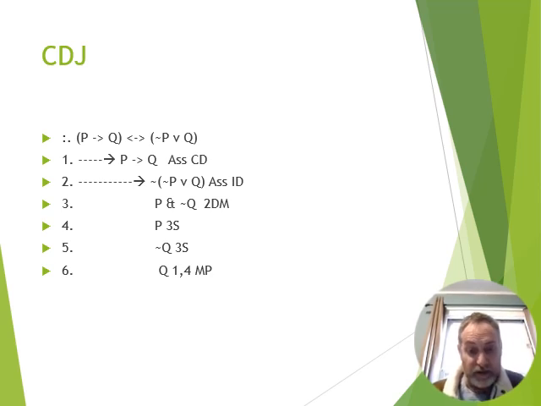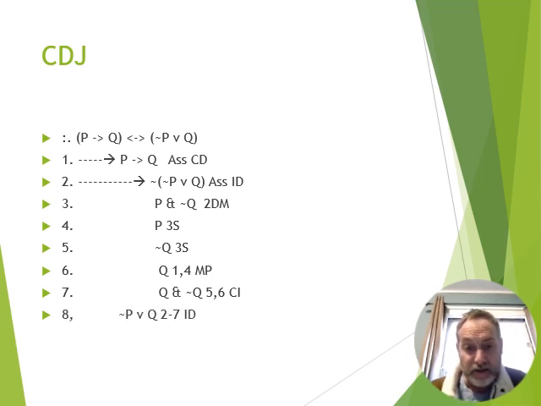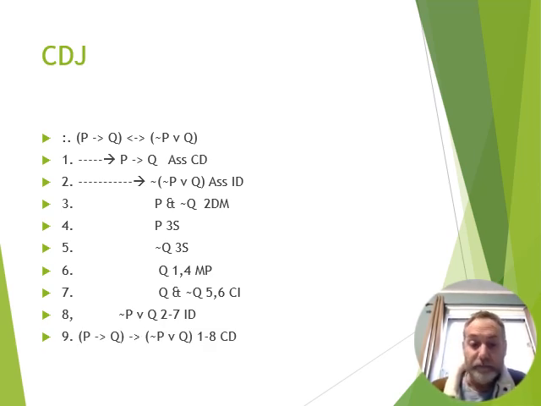And that's a contradiction with line 5. And so I've got my contradiction here, line 6 from conjunction introduction. And now I can close out this indirect derivation and say, yes, I get not P or Q. And that was the consequent I was trying to show, right, from line 1. And so I've just finished my conditional derivation as well, and we've proven half of the theorem.